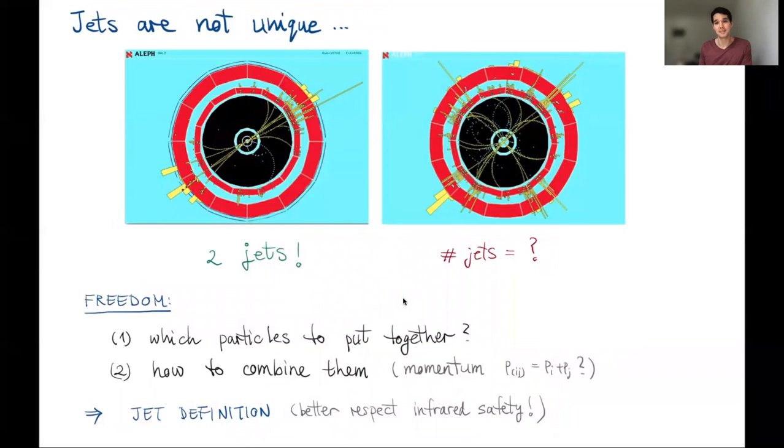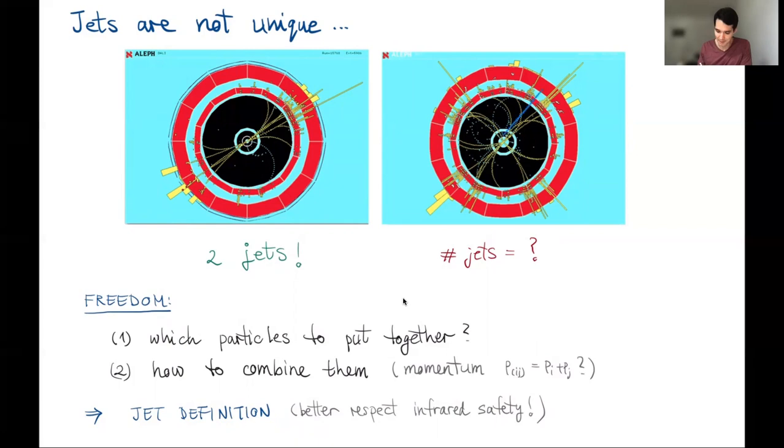So one thing that I wanted to emphasize right from the start is that jets, however, are not unique at all. Here on the left, we have the plot that I've shown you already before, and anyone you would ask how many jets you see in this event will probably immediately say, yeah, these are 2 jets. It's quite distinctive. However, when you look at the event on the right-hand side, the situation becomes a little bit more difficult.